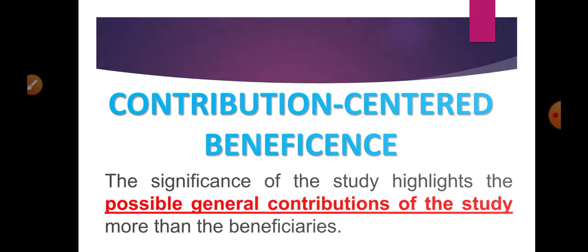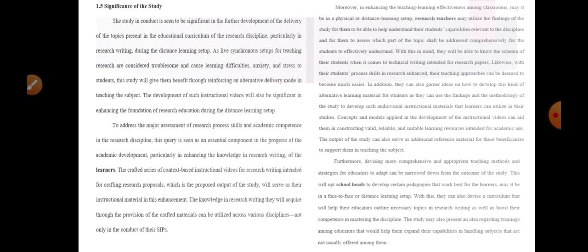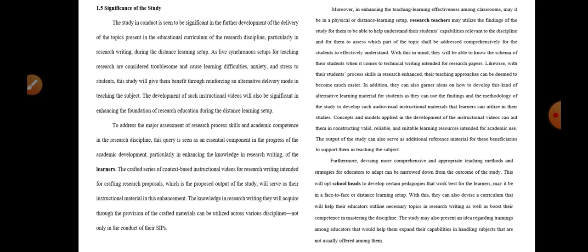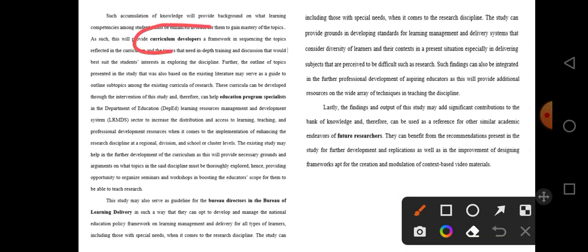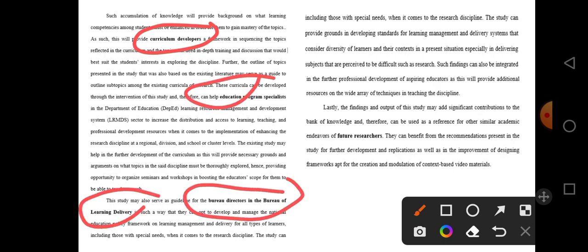In contrary, we have the next example. Okay? So we have here another example of the significance of the study. Let's take notice of the words in boldface type. So we have here learners, research teachers, school heads, curriculum developers, bureau directors in the Bureau of Learning Delivery, education program specialists, and finally future researchers.